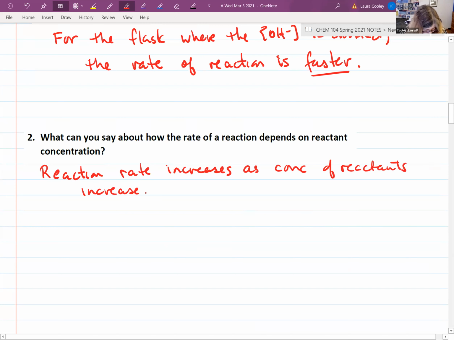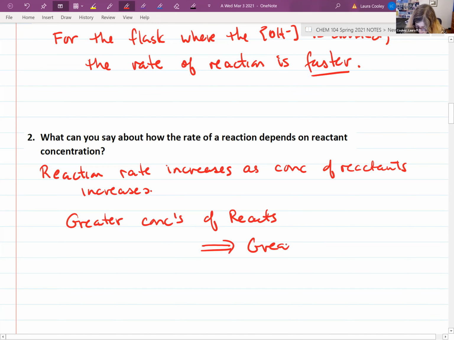So greater concentrations of reactants means greater rate of reaction.